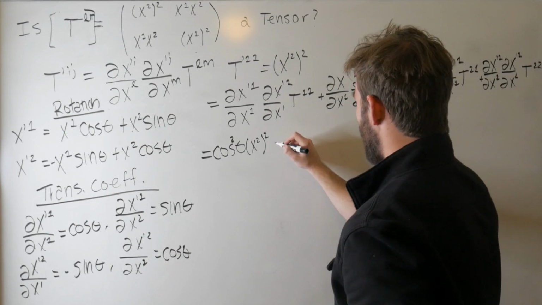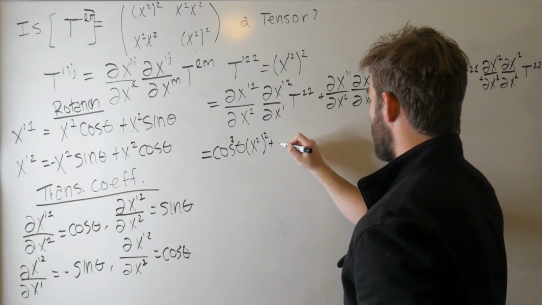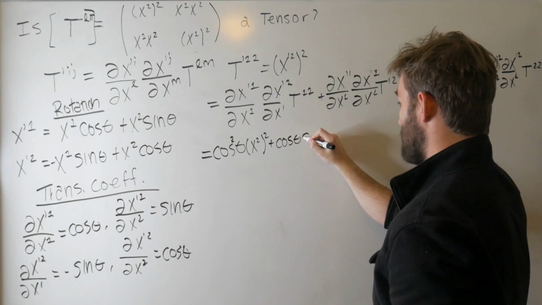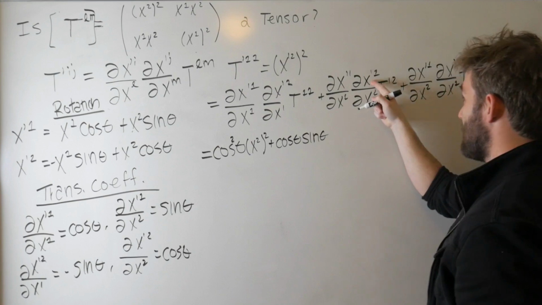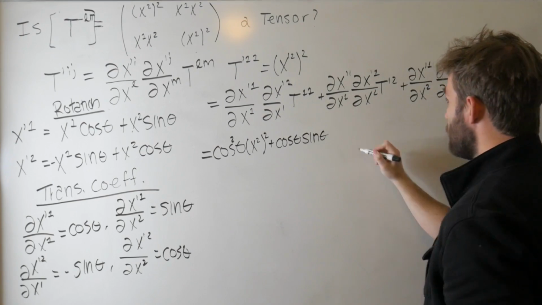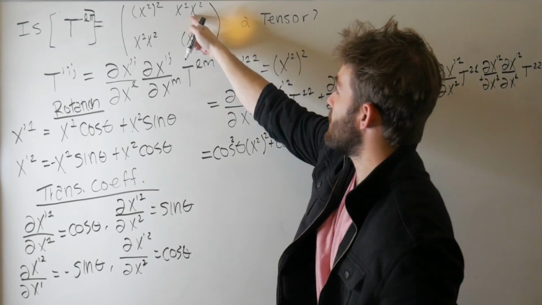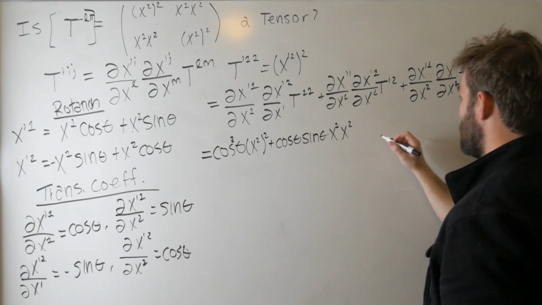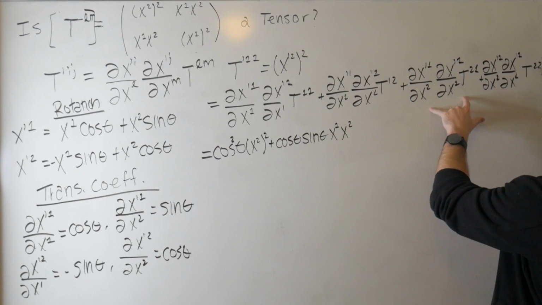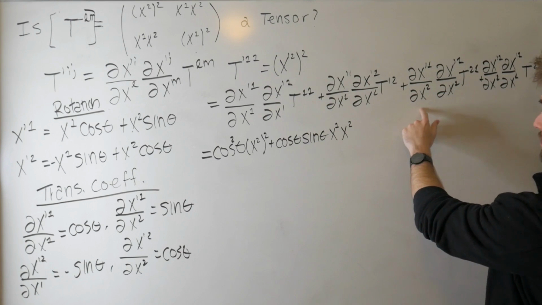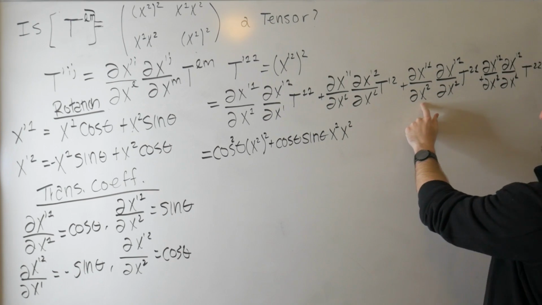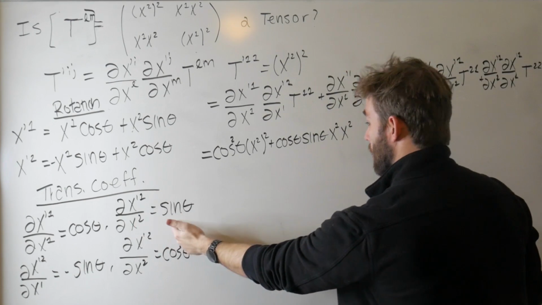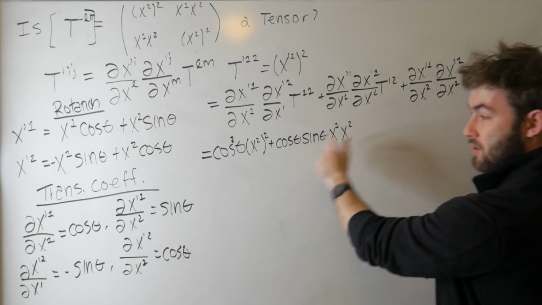So this is plus cosine theta, sine theta, just got dx prime 1, dx2, t1,2 is right here, x1, x2. This we're actually going to end up getting the exact same thing. dx1, dx2 is cosine theta, or sine theta, sorry. That's just this term. dx1, dx1 is just cosine theta.